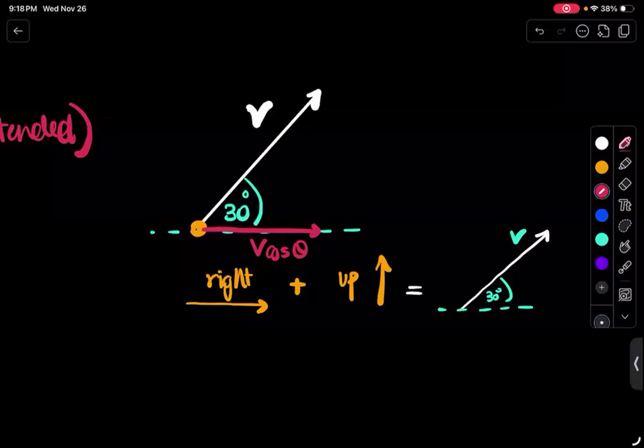This is the velocity that is only towards the right. But how much upwards is the ball going? Because this is only the rightward part of the velocity. You use the perpendicular component, the one in front of the angle, which is always v sin theta.